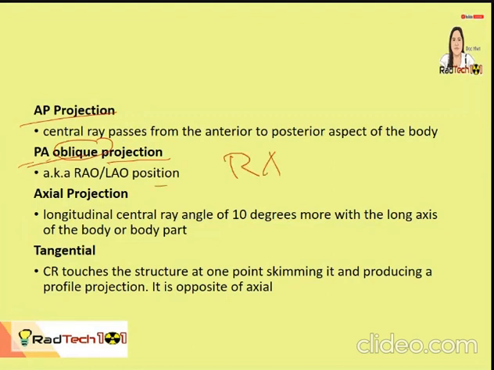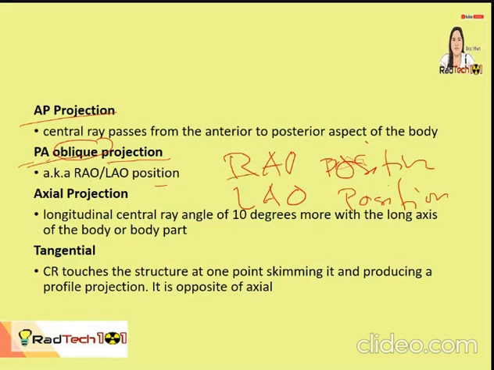It can be a right or left position. It depends on what part of the patient is near the IR. If the part of the patient that is near the IR is the right, that is right anterior oblique position. If the part of the patient near the IR is left, that is left anterior oblique position. These two can also be referred to as the PA oblique projection.